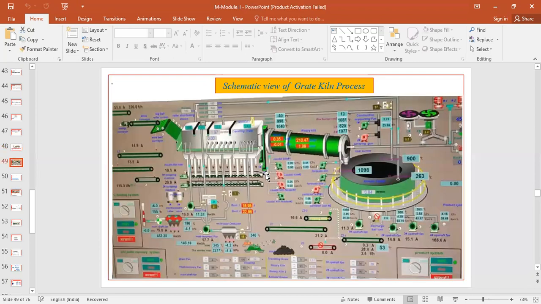So this is a schematic view of the Grate-kiln process, where you can see, as I told you just now, that you have two drying zones and two preheating zones, and this is the kiln, and this is the annular cooling zone. So you have drying, preheating, firing, and then cooling.